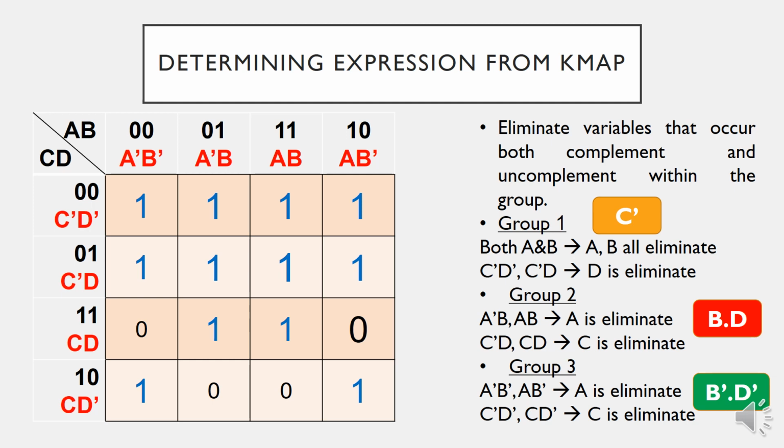Another example, this time we look into a KMap with 4 input variables A, B, C, D. So we have a total of 4 by 4 KMap cells here. As for the labeling, I still maintain both for you to easily understand.